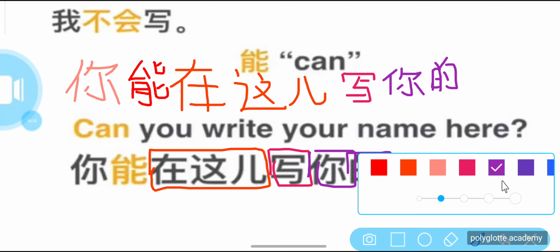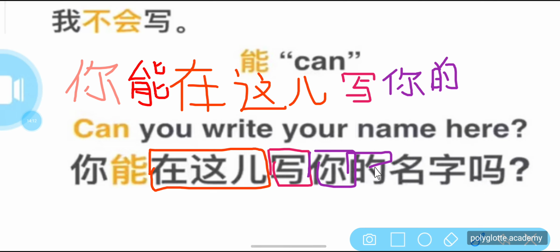And we have 名字. I'm trying to separate all of the characters, and then we're going to translate the set of characters.